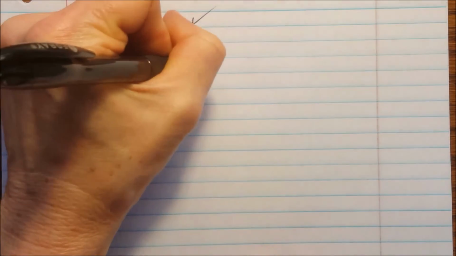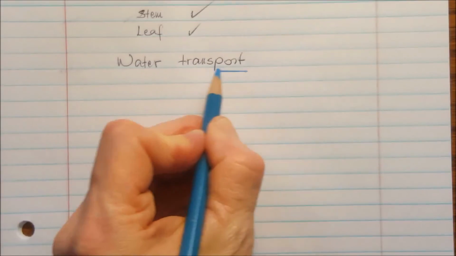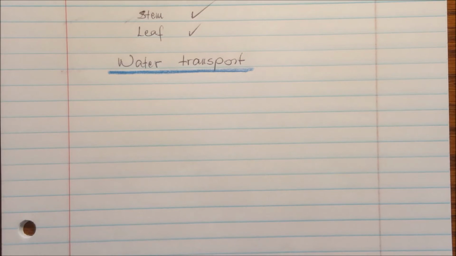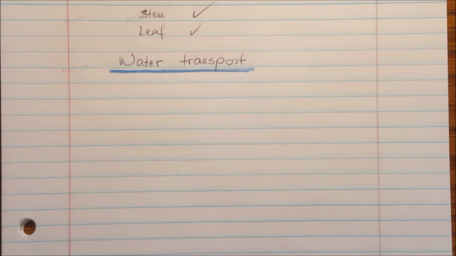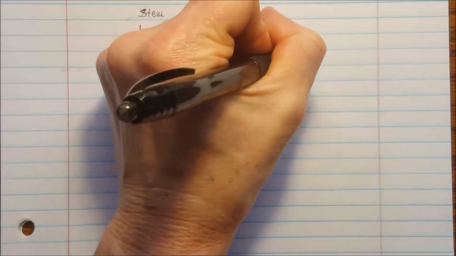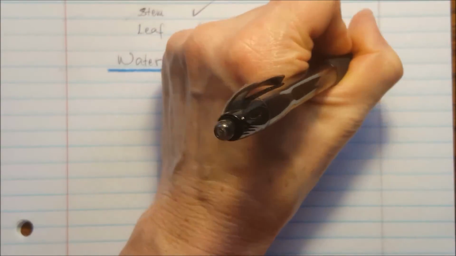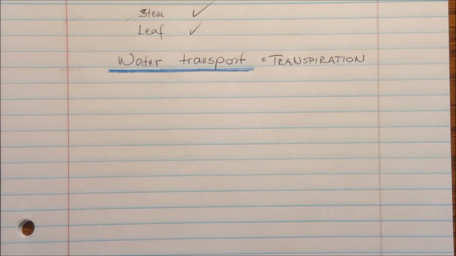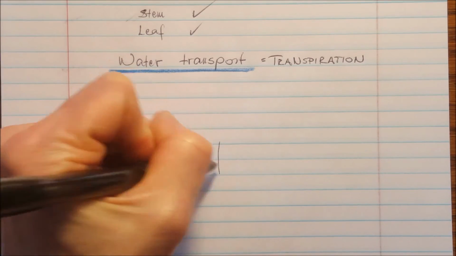Stems and leaves, stems, not a big deal. Leaves, we will deal with that in class. And the last one is transpiration, the water transport inside of the plant. The question is, what really drives the water movement inside of the plant?